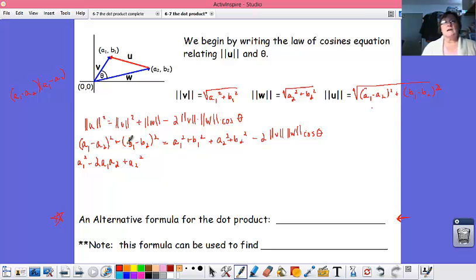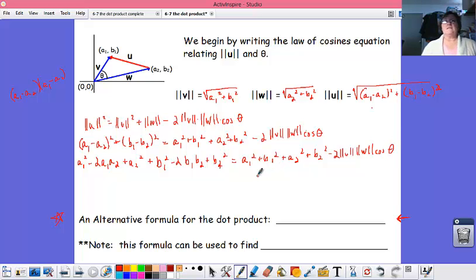We're going to use the same logic on this one, and it was an addition, so now we're going to have b1 squared minus 2 b1 b2, and then plus b2 squared, and all of that equals this: a1 squared plus b1 squared plus a2 squared plus b2 squared, and then minus 2 times the magnitudes of the two vectors v and w multiplied by the cosine of theta.